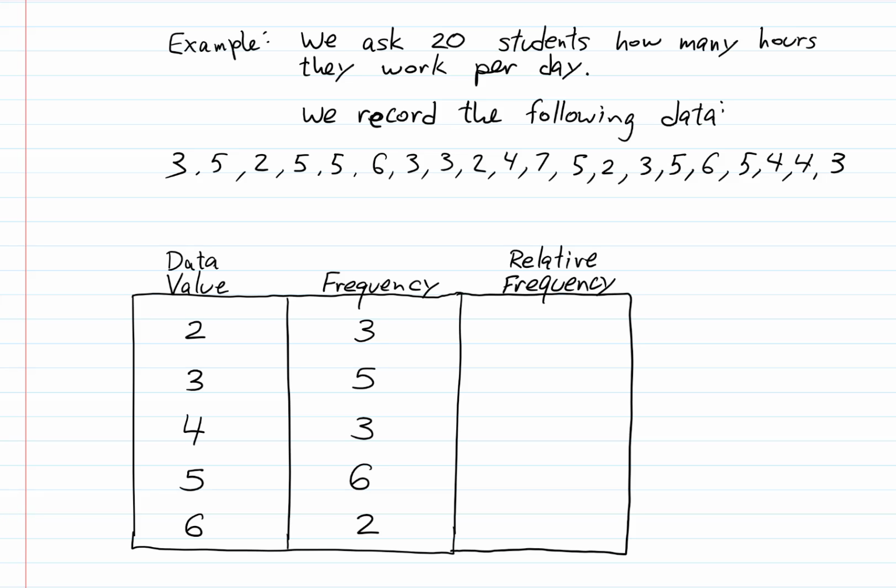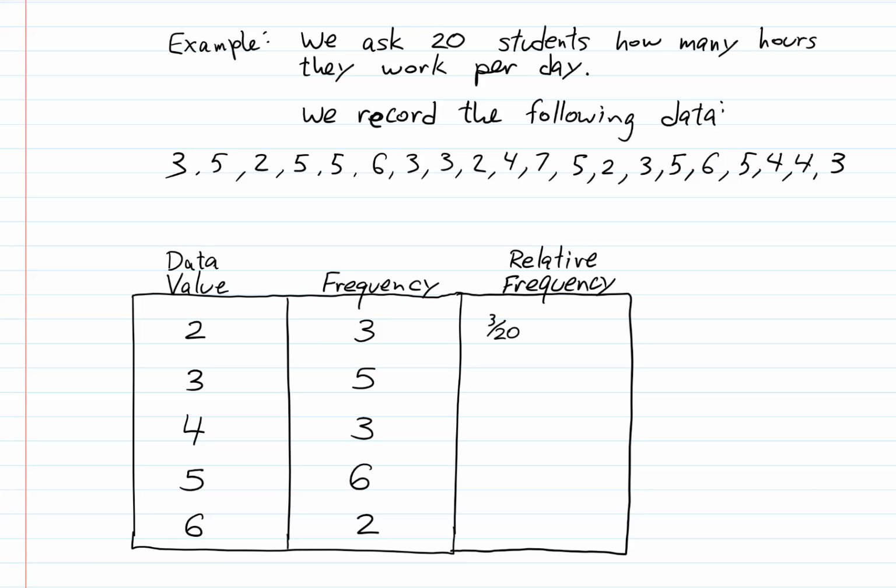Instead of just writing there were 3 2s, I say there were 3 out of 20. So I write this for the relative frequency. That's more informative, because now you see not just there were 3 people that worked 2 hours, but 3 out of 20. So it gives you a better idea of what proportion of the sample said 2 hours.